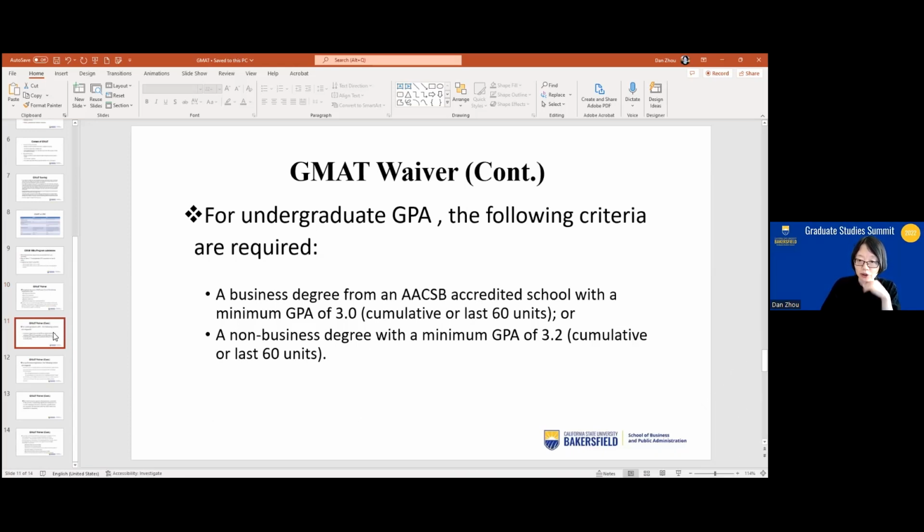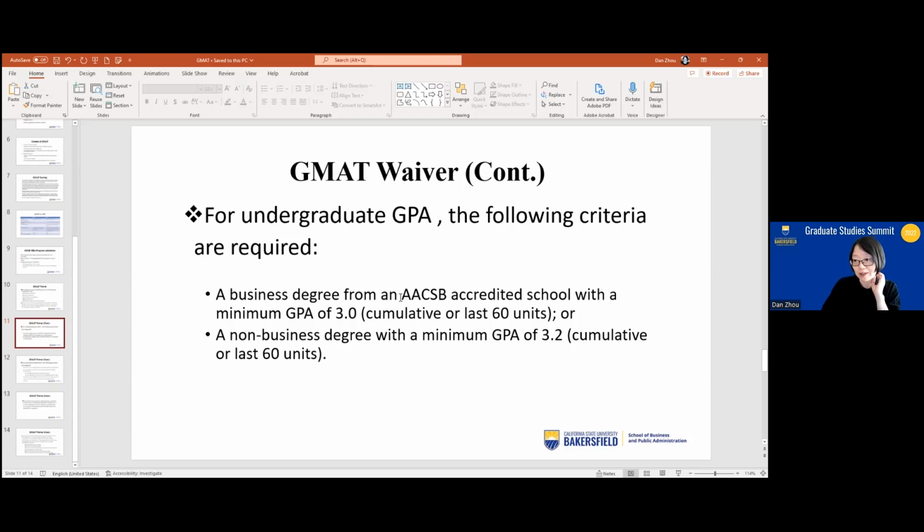So let's take a look at the first requirement. For undergrad GPA, suppose you receive a business degree from an AACSB accredited school with a minimum GPA of 3.0. This 3.0 can be cumulative GPA or last 60 units GPA. AACSB accreditation is the highest accreditation for business worldwide.